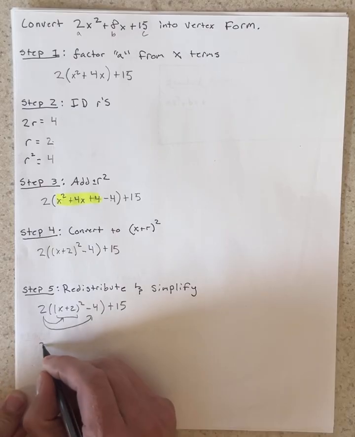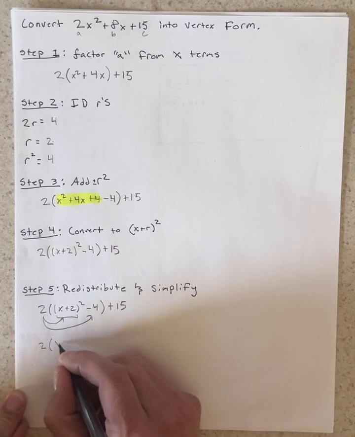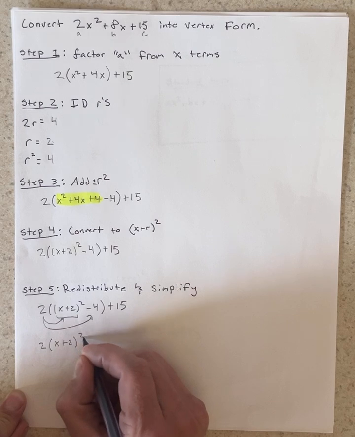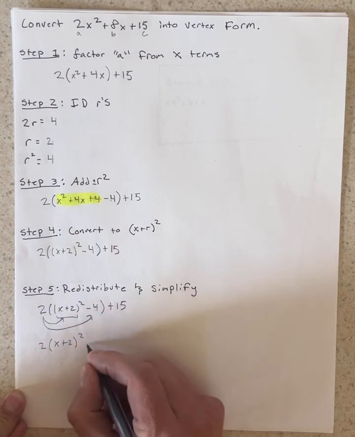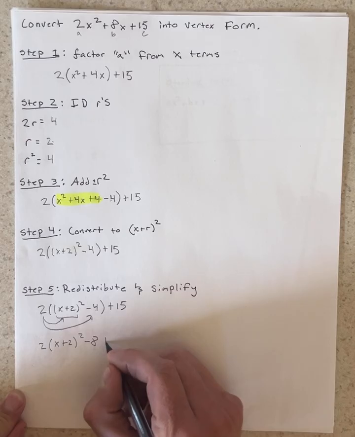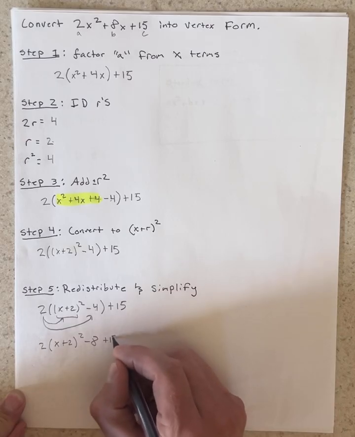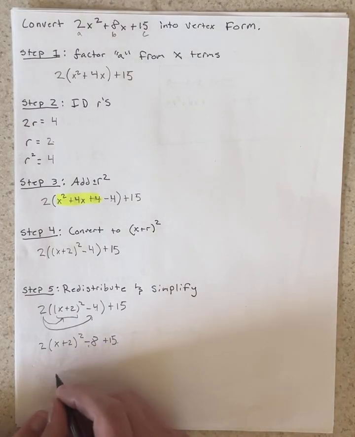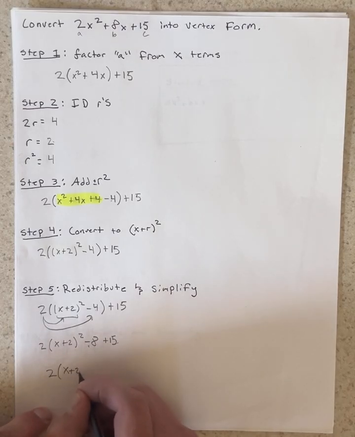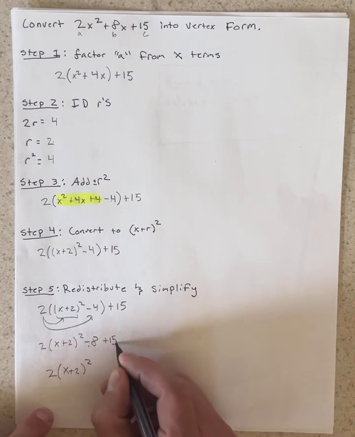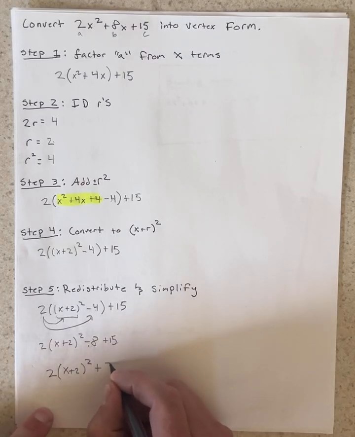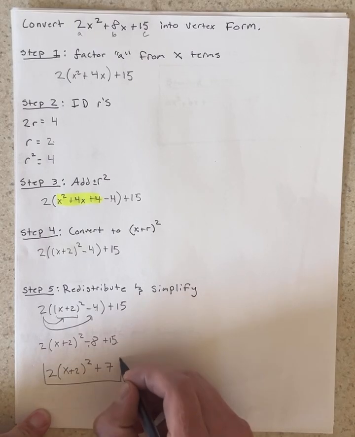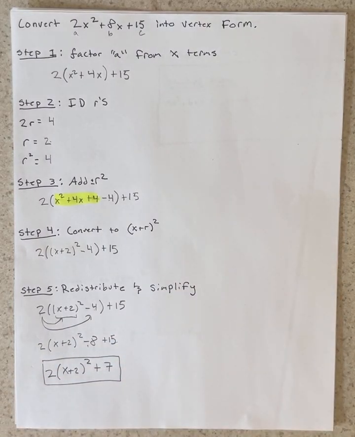So 2 times the parentheses is 2 parentheses x plus 2 squared. 2 times negative 4 is negative 8, and the plus 15 is going to come down. Once I have that, I'm ready for the last step, which is going to be combining these two numbers, and our final answer is going to be 2 parentheses x plus 2 squared, negative 8 plus 15 is plus 7. And that is that same quadratic now in vertex form.